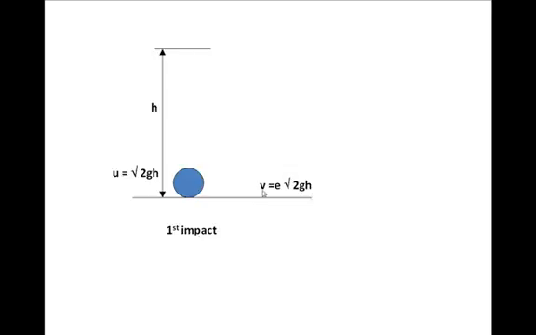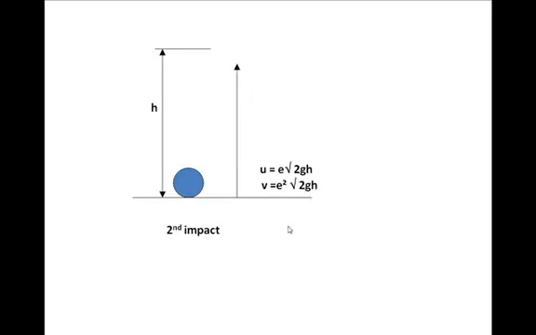Now it goes up, and when it comes down, it hits in the second impact. In the second impact, it hits again with initial velocity of e root 2gh, and goes back. If I use the formula v equal to eu again, it goes back with e squared root 2gh. So after the second impact, it bounces with e squared root 2gh.